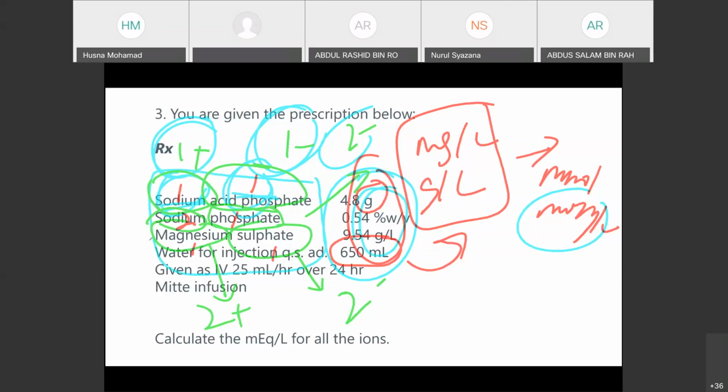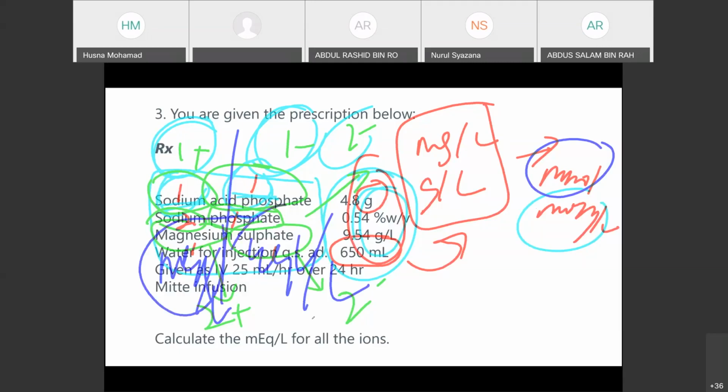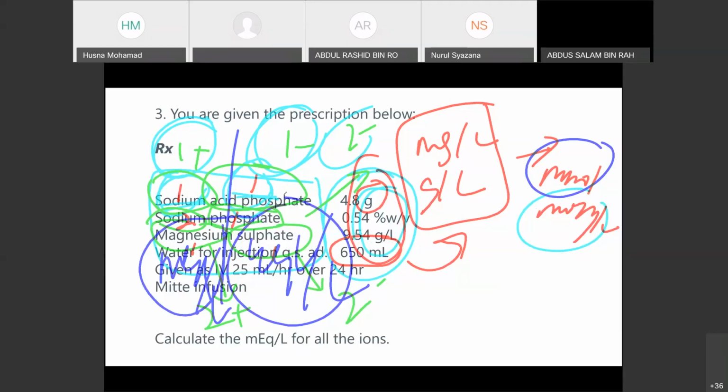Millimole, you may not get both cation and anion the same. But milliequivalents, in a given amount, usually in a liter, must be the same for both cation and anion. If you don't get this, it means there is something wrong with the calculation somewhere.